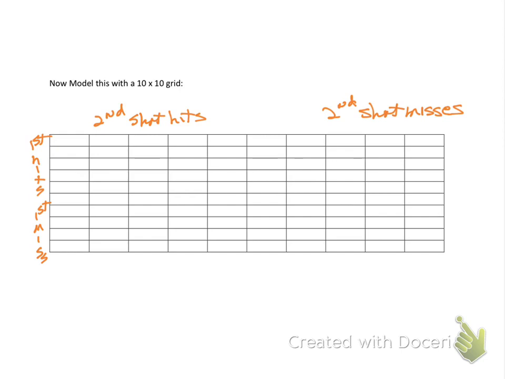It's 0.8, so I'm going to go 1, 2, 3, 4, 5, 6, 7, 8. Okay, so I'm going to come here, and then I'm going to go 8 across again. 1, 2, 3, 4, 5, 6, 7, 8. Remember, because she's an 80% foul shooter. And then over here, we are now set.